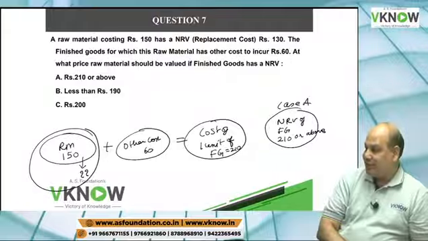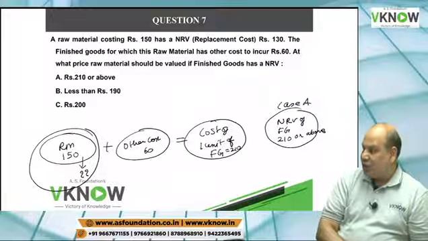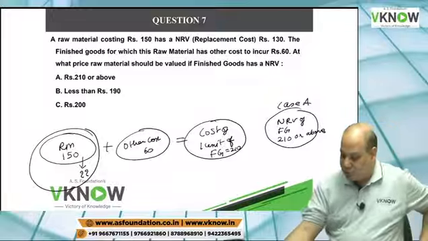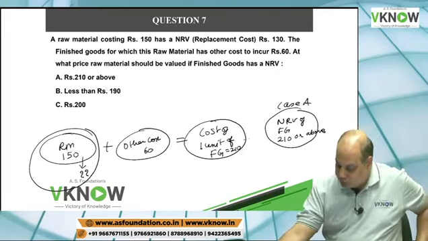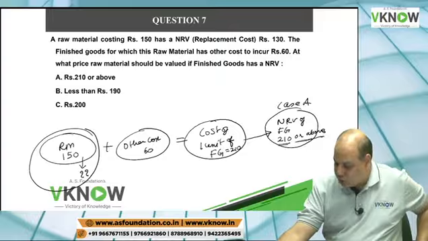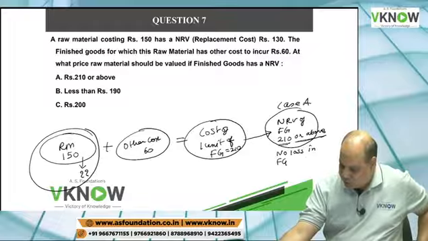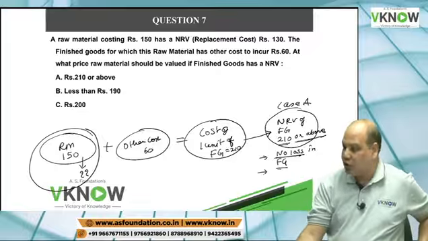Come on. So students have started answering: raw material will be valued at cost, because if finished goods is going to be sold at or above cost, there is no loss in finished goods. If there is no loss in finished goods, it means your entire cost is recovered.